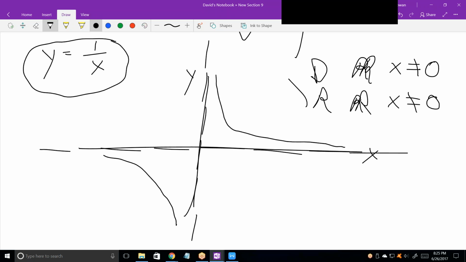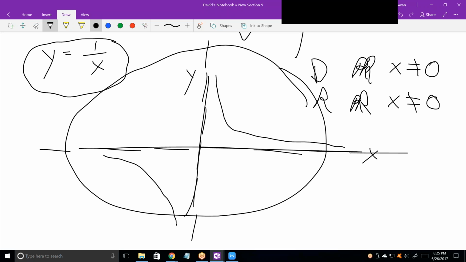And this is called hyperbolic in nature because x is in the denominator and you end up with asymptotes that are not crossed. But again, you can read both the domain and the range by merely looking at the graph, even if you didn't know what the graph was.